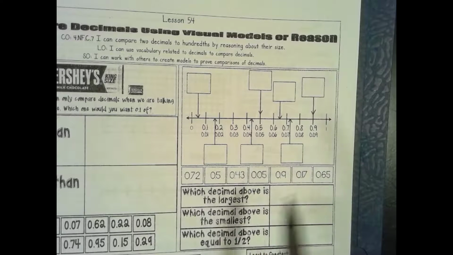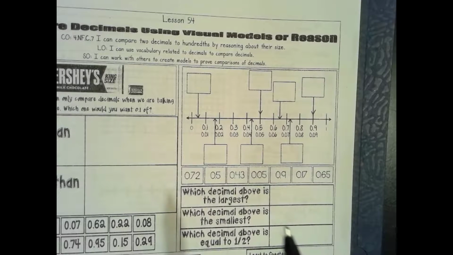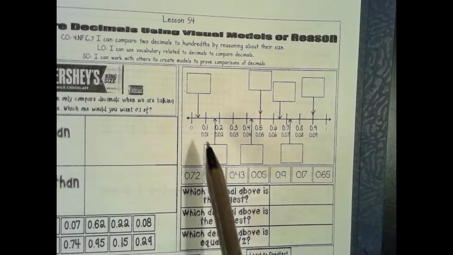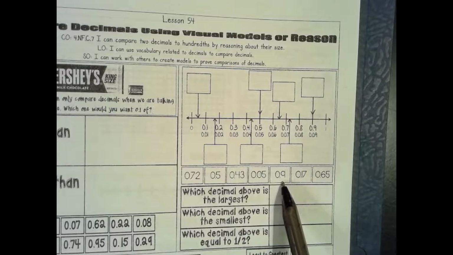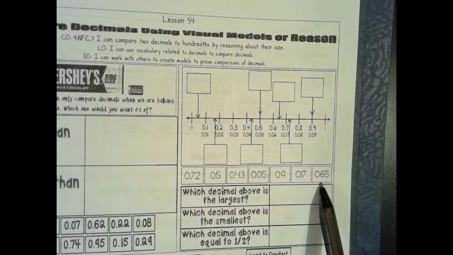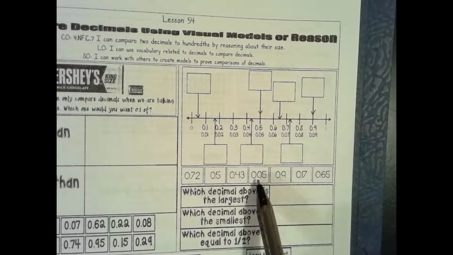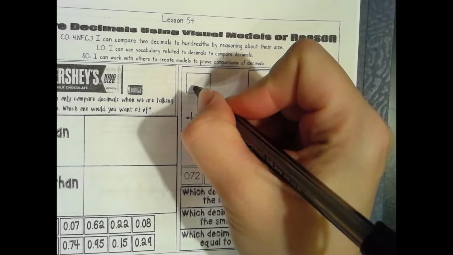This would be, let's see, 5/10. That is more than 1/10. 43 hundredths, more than 5 hundredths. This is a candidate. 9/10, no, that's still more. 17 hundredths, that's more than 1/10. 65 hundredths, that's more. So this one would fit in right about here.